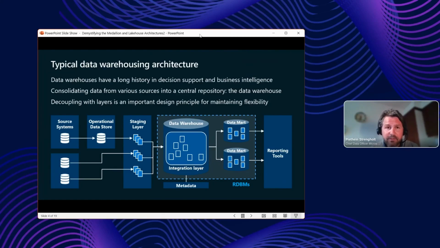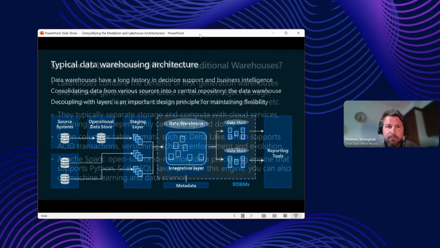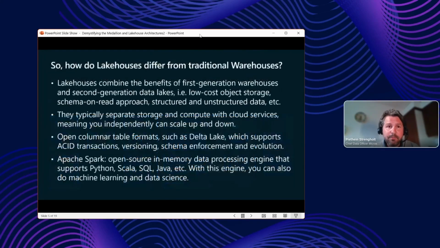This data architecture has been there for quite a while. The main purpose of this architecture is consolidating and integrating data from different source systems into one central repository, which we call the data warehouse. But the decoupling and the layers were already there. This is a best practice that dates back many, many years. So that part isn't really new.